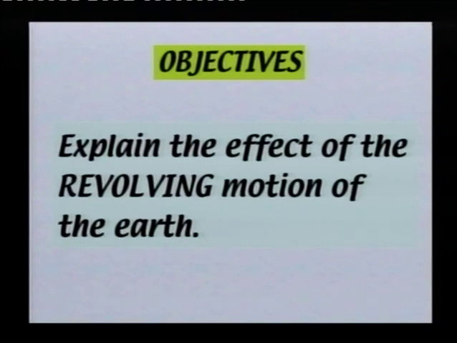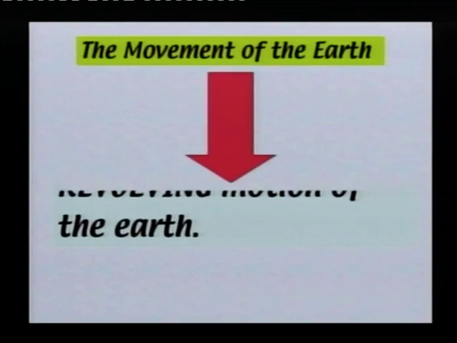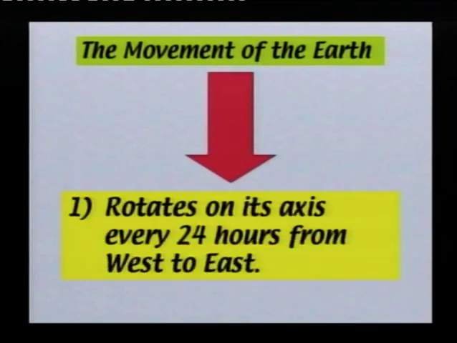The Earth, beside rotating on its axis every 24 hours, also revolves around the sun in 365.25 days. So our objective is basically to look at the effect of the Earth's movement in terms of its revolution around the sun.